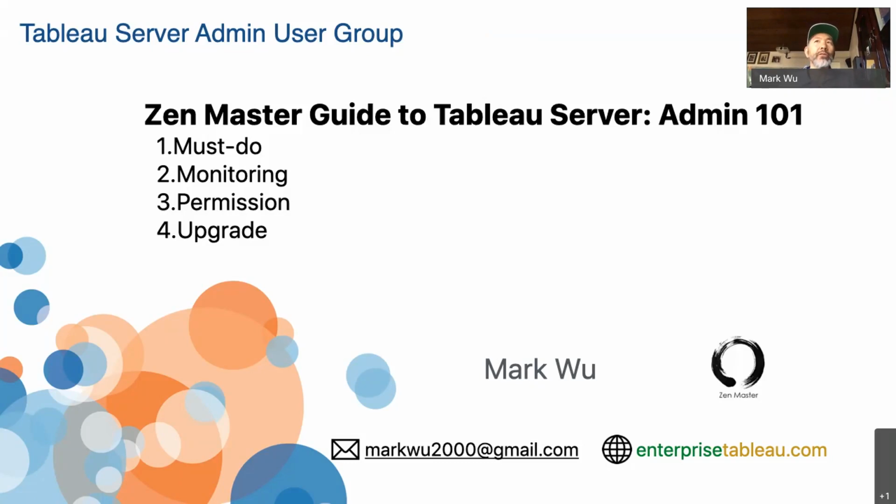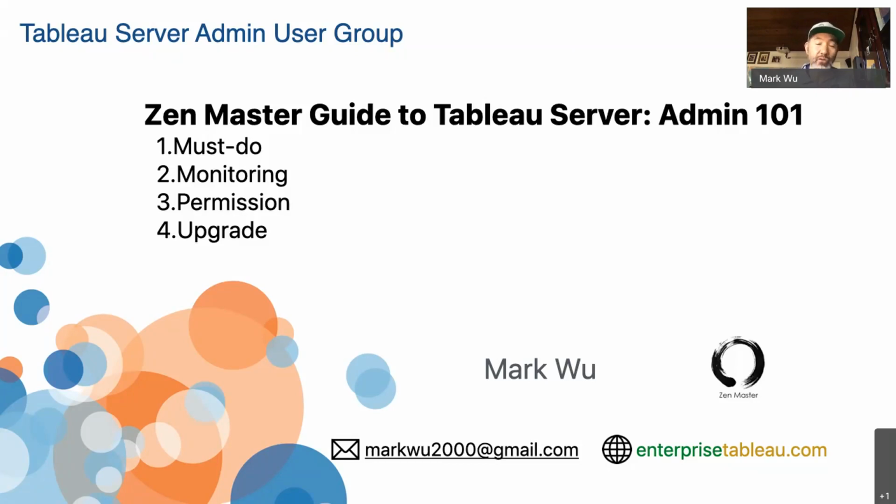Today, I'm going to cover 4 areas. One is, what are the must-do things as a server admin? The second, how do you monitor your server? What are the basic things to monitor? The third is around permissions: how to take care of users, groups, and projects on the server, and how they work together as Tableau's very comprehensive permission model.